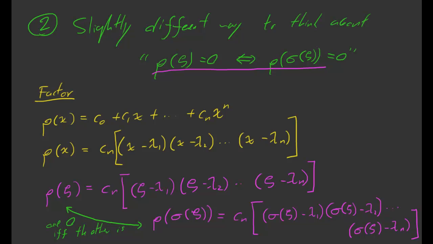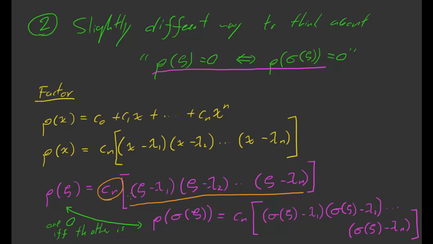Okay, but let's think about it. When is this product going to be 0? I mean, if p of zeta is 0, that means that this product is 0. I guess we're discounting the case where cn is equal to 0 just by convention, because we wouldn't have written cn if cn were equal to 0 when we wrote down the polynomial p.